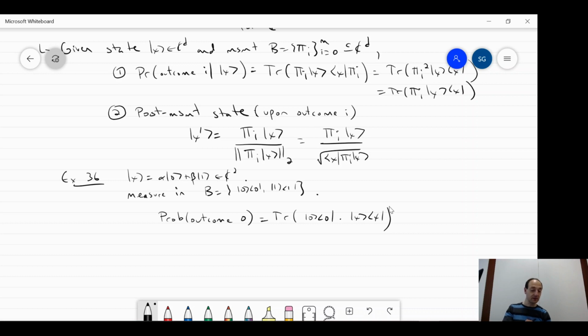And if you work this out, you'll see that what you'll get is the absolute value of alpha squared. I encourage you to work that out and to see that this is indeed what you get.